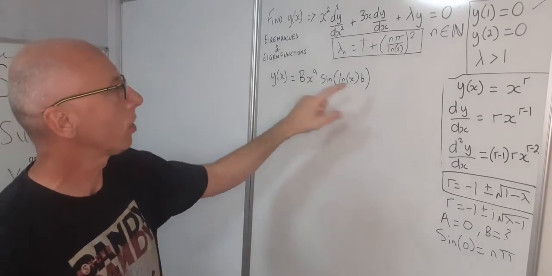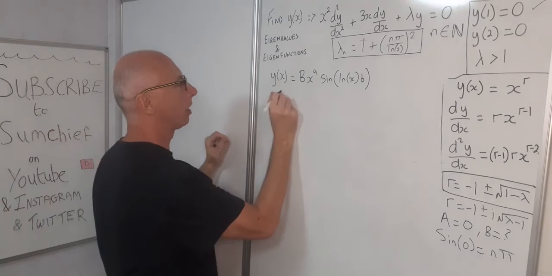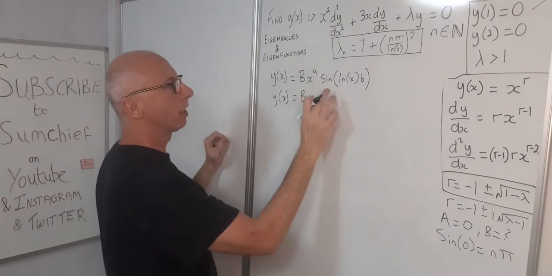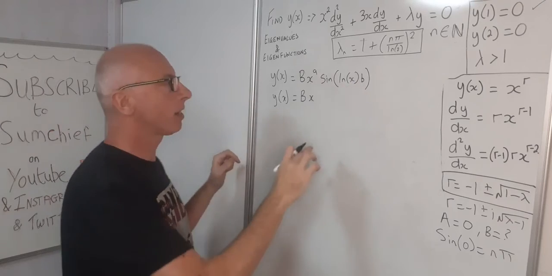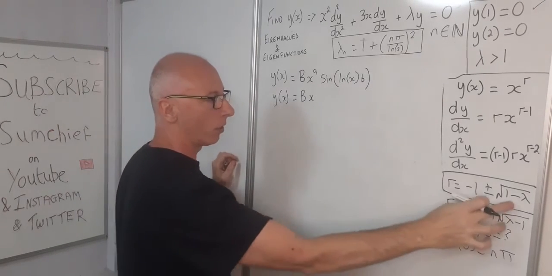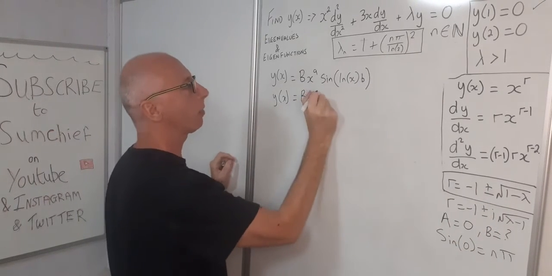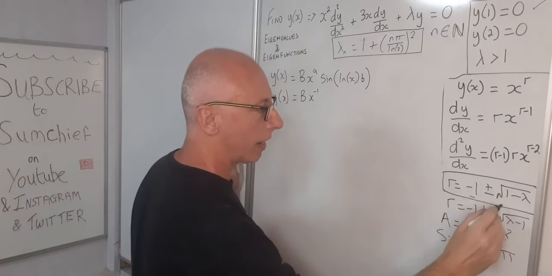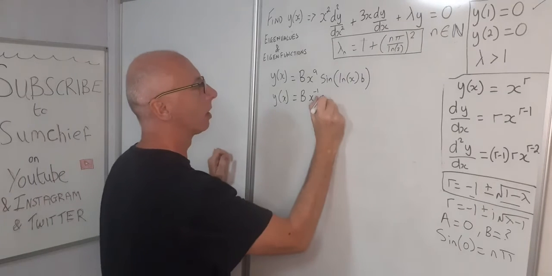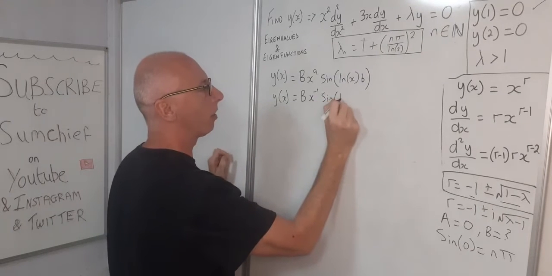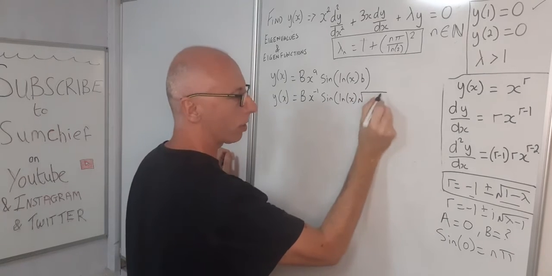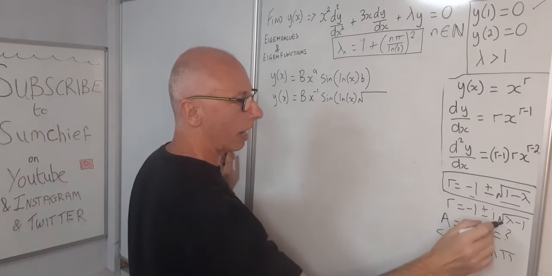So first of all, let's just plug in our a and our b. So y of x equals, that's capital B. So what we're interested in here is our lowercase, like we did for the r. So a was minus 1, so that was our a value. And then this was our b value. So sine of natural log of x, and then square root of lambda minus 1.